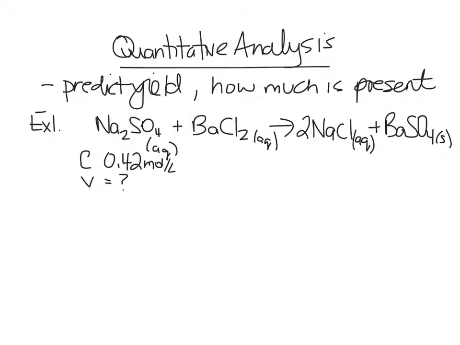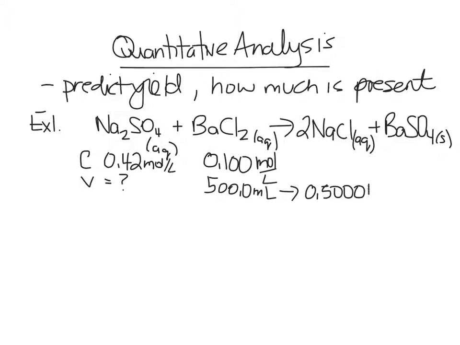We have a concentration of barium chloride of 0.1 mole per liter, and we have 500 milliliters of it. Change your volume to liters. So divide by 1,000 and get liters.